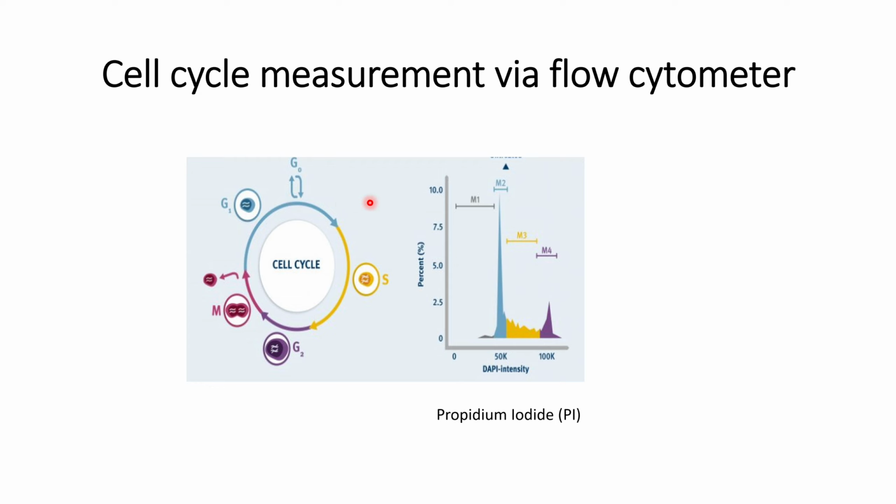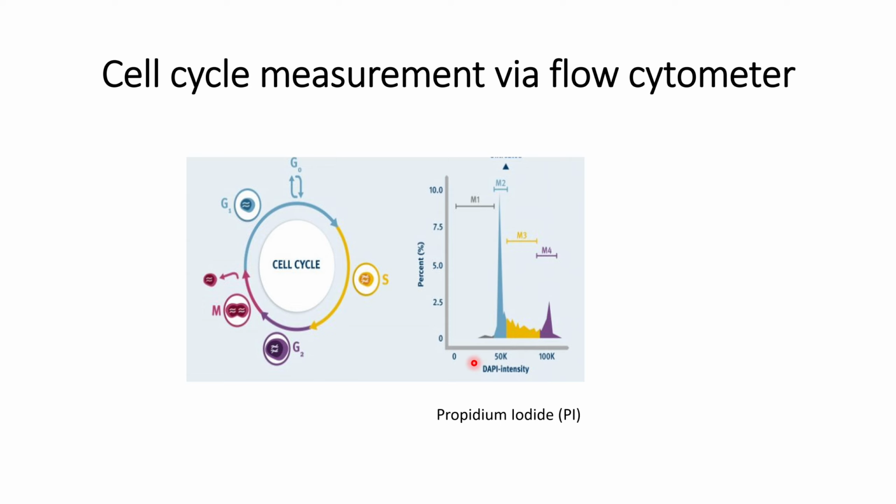In S phase, there is an increase in the amount of DNA. In G2 phase, DNA remains constant. In M phase also, DNA remains constant. After M phase, the DNA significantly reduces as it reaches the G1 phase.